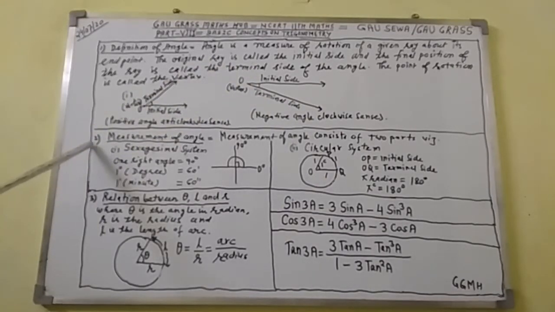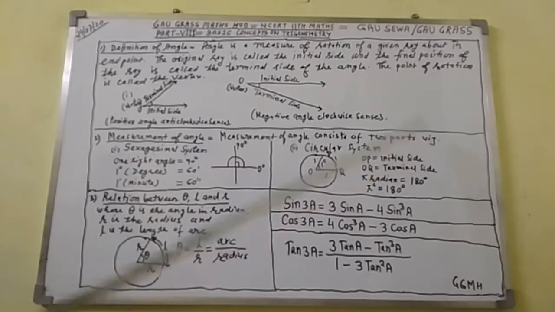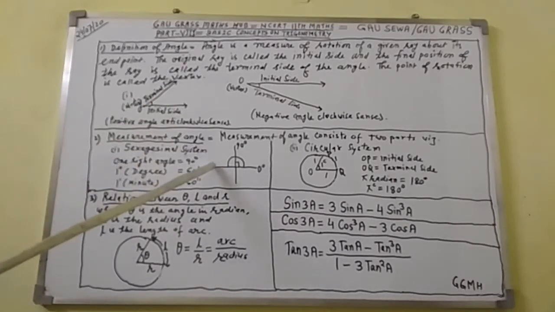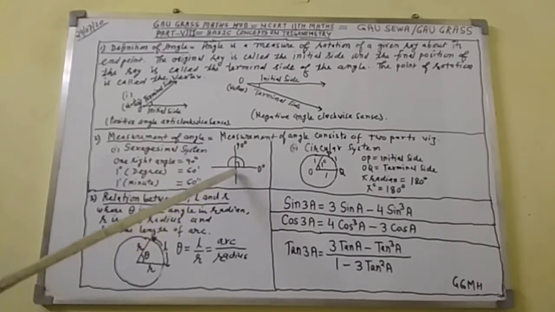Now come to the next concept, measurement of angle. Measurement of angle consists of 2 parts. The first one is the sexagesimal system. In the sexagesimal system, you can see in the diagram, this is the horizontal line and this is the vertical line. Both lines intersect each other at one point.